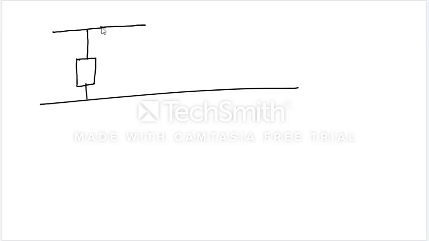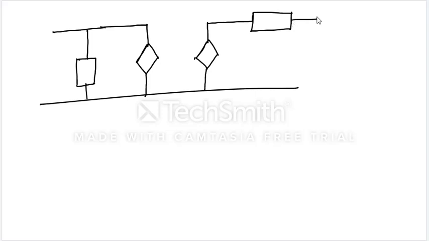Now let us draw this network. This is port 1 with V1 and I1, and this is the second port with V2 and I2.